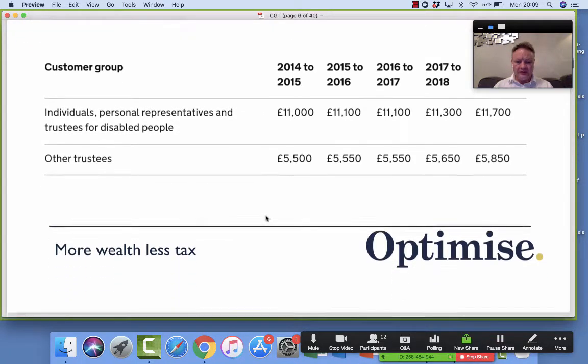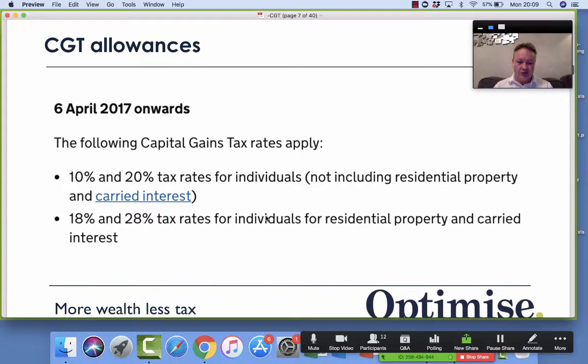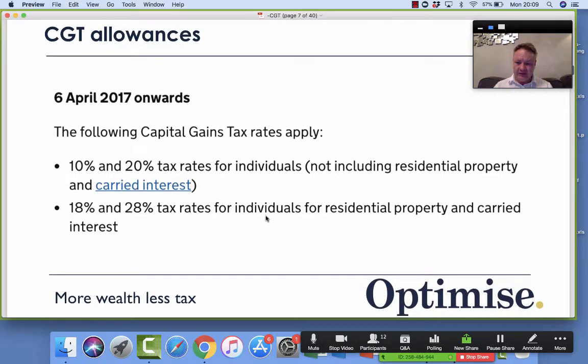Now, let's have a look at something that came into play by George Osborne before he left. Obviously, he introduced Section 24, removed the wear and tear allowance, and had the 3% surcharge on SDLT or stamp duty land tax.